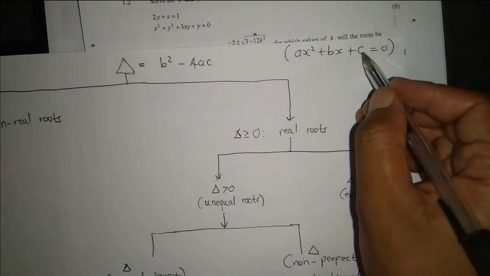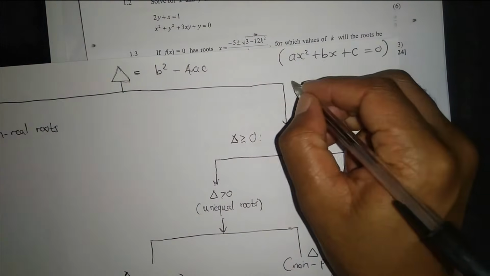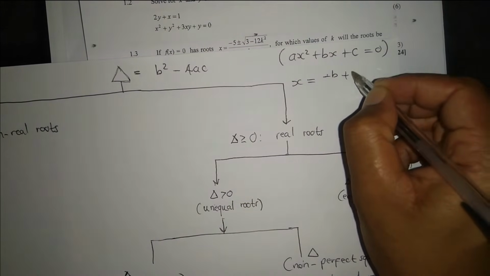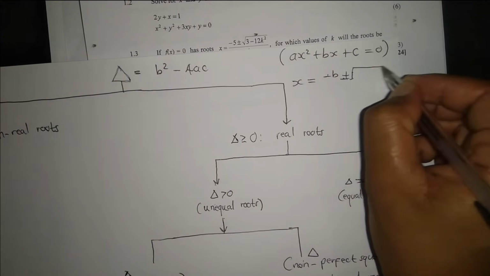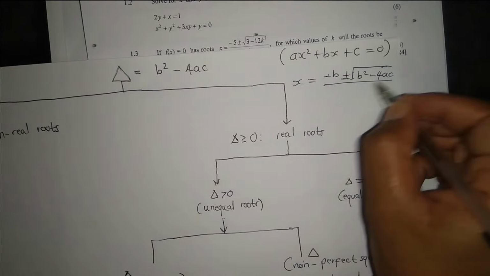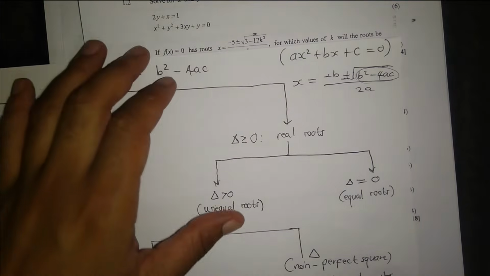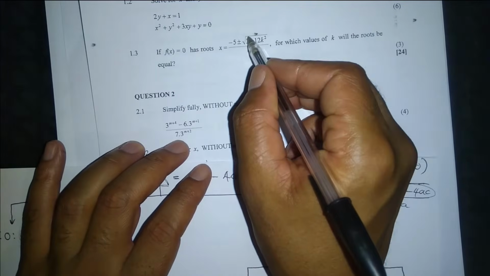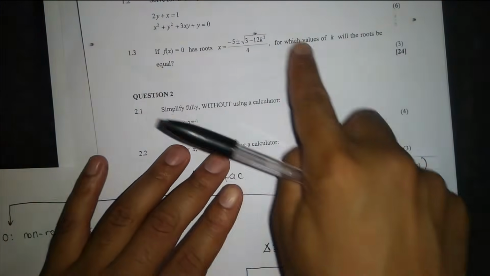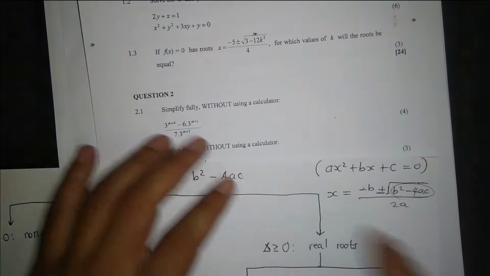You substitute b here, c here, and a here. In the quadratic formula we know that the discriminant is found under the square root, after the plus minus. So this is our discriminant for this question. We need to calculate the values of k for which the roots will be equal.